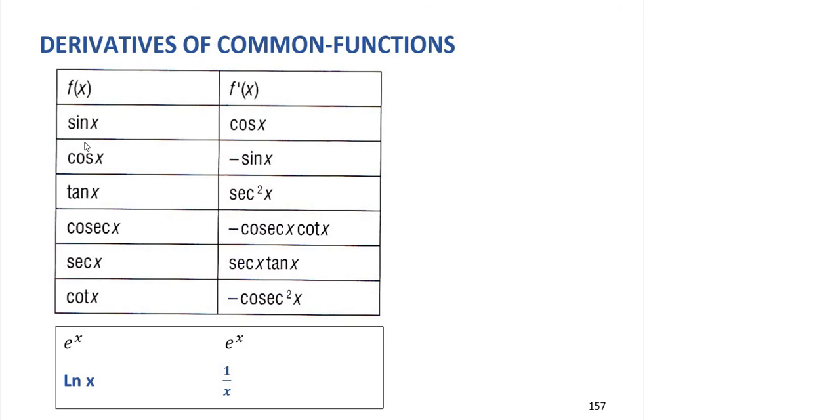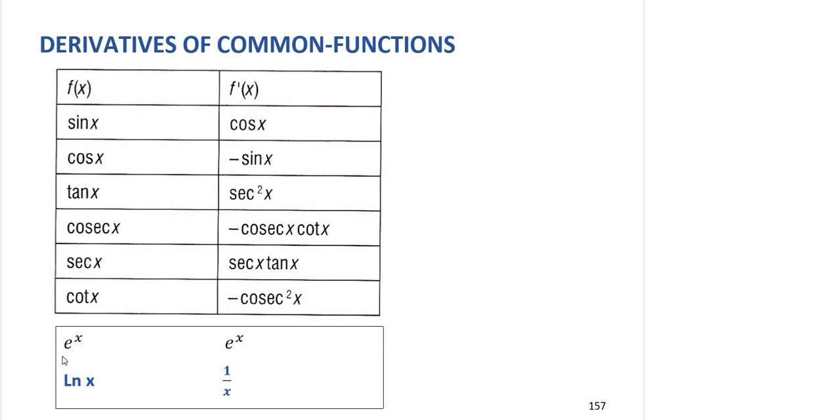So you must know that the derivative of sine is cos, and the derivative of cos is negative sine, and the derivative of tan is sec squared, and the derivative of cosec is minus cosec cot. The derivative of sec is sec tan. The derivative of cot is minus cosec squared.